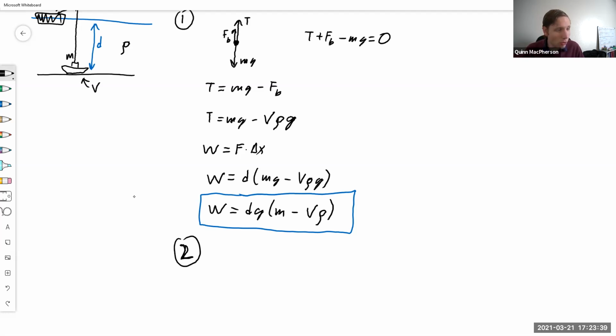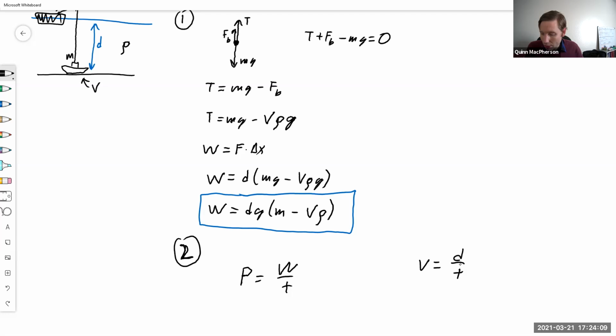The first way I'm going to solve this is that power is equal to work over time. How long will it take to lift it? Velocity is equal to distance d over time t. That's what velocity is: distance per time.